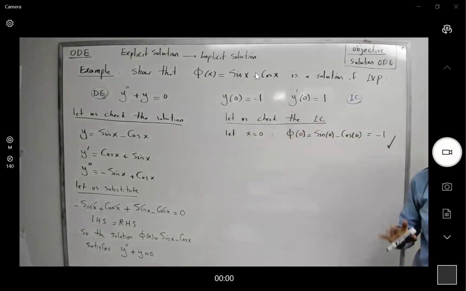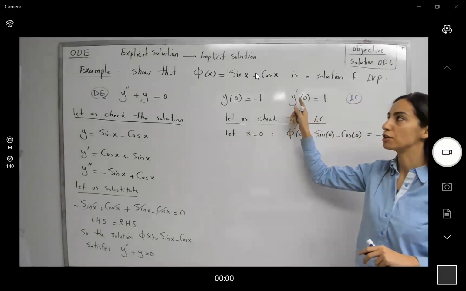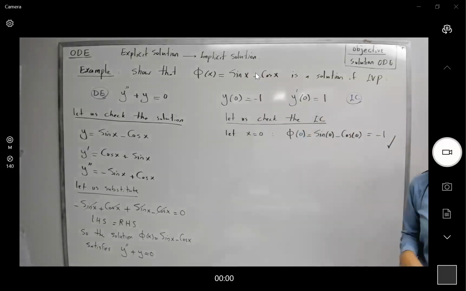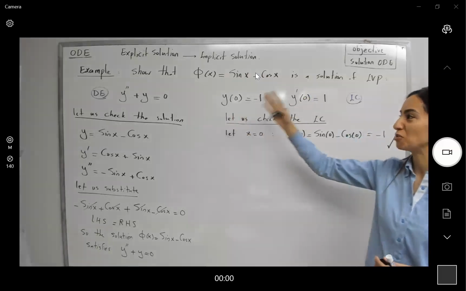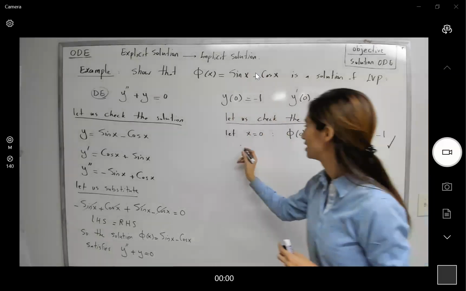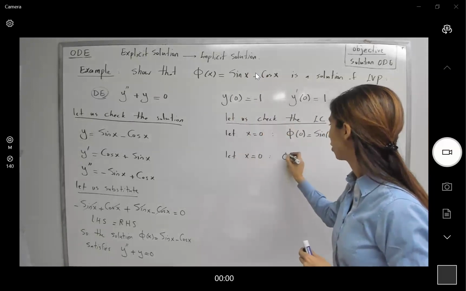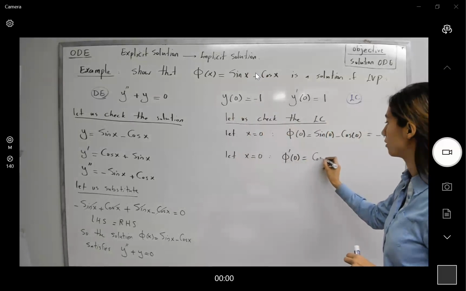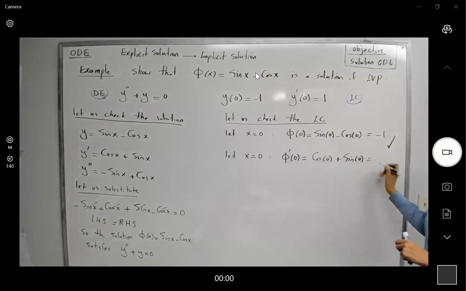What about the second condition? The second condition says that if you plug in 0 into the first derivative of the solution, it must be equal to 1. Then you can say that this solution is the solution of this differential equation with these initial conditions. So let x be equal to 0 for phi prime of 0. It's going to be cosine of 0 plus sine of 0, which obviously equals 1.